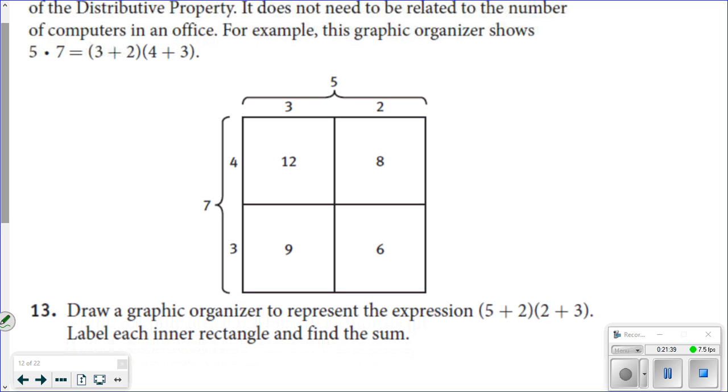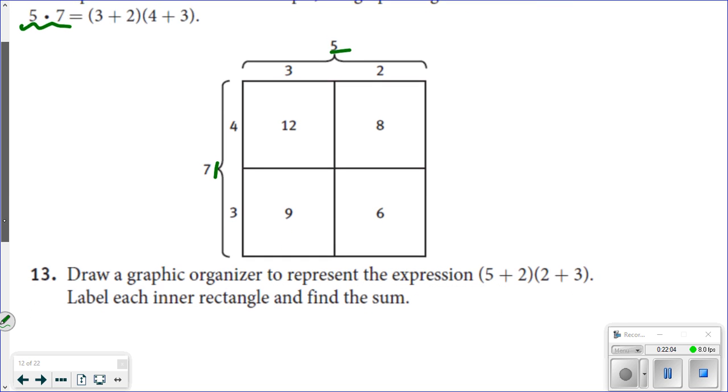So for example, if I have 5 times 7, here's my 5 and here's my 7, they're breaking it up into 3 plus 2 and 4 plus 3. And then when we multiply the sides, we get what's in the inside. Okay, so 3 times 4 is 12, 4 times 2 is 8, 3 times 3 is 9, and 2 times 3 is 6.